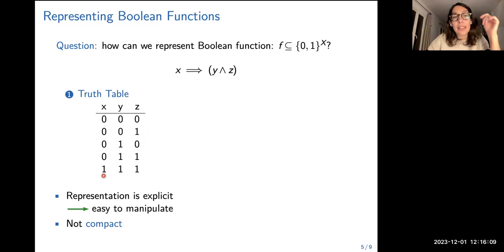But as soon as x is true, then y and z do not have any freedom anymore, and they are both set to 1, at least in this example. So truth tables have the advantage that they're explicit and very easy to manipulate, because even if you have weights on the assignments, it's immediate to compute the weight of all these assignments, and then you pick the maximum. But they're not compact. The size of a truth table might explode, so it's not really what we would like.